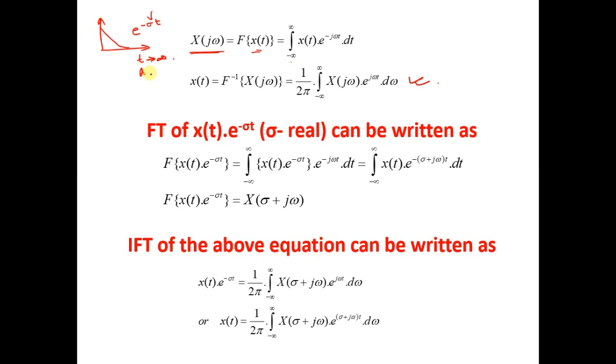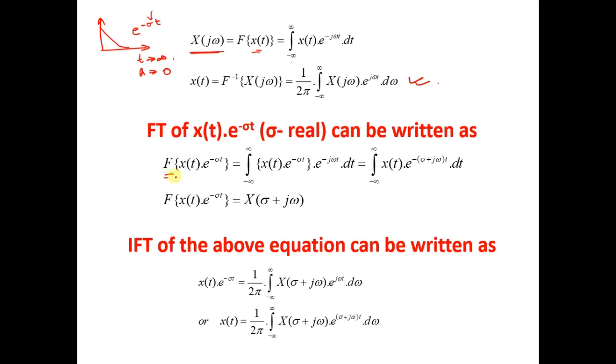Amplitude would be tending to 0. Even if you have an ever increasing signal, if you multiply it with a value tending to 0, it will be near 0. That means the amplitude is getting finite. So that is what has been done over here.